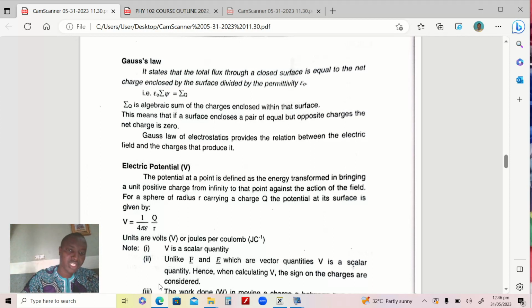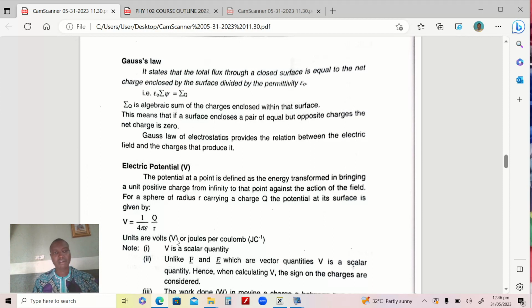It's one of the Maxwell equations, and it deals directly with electric charge. Gauss's law states that the total flux through a closed surface is equal to the net charge enclosed by the surface divided by the permittivity of free space, epsilon naught.